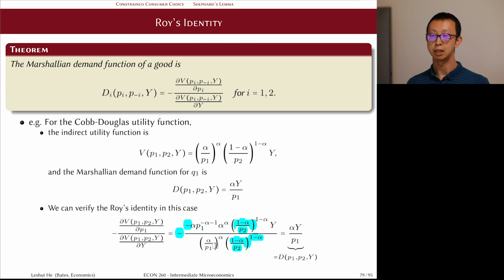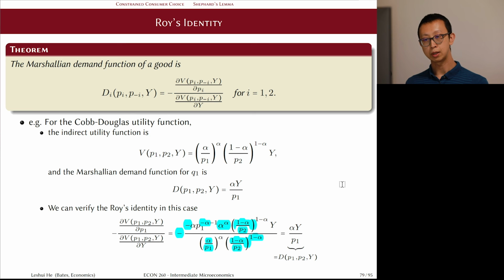We also have alpha to the power of alpha on the bottom, which will cancel out with this expression on the top. And we'll also have a p1 to the power of minus alpha, which will cancel out with p1 to the power of minus alpha here on the numerator. So we're just left with alpha times p1 to the power of -1 times y, which is just alpha times y over p1. Exactly the Marshallian demand function we're familiar with.